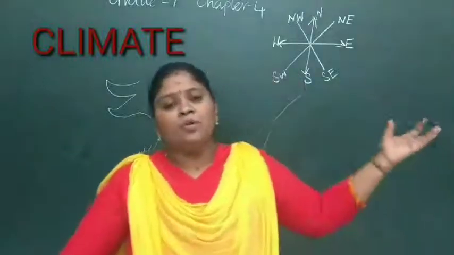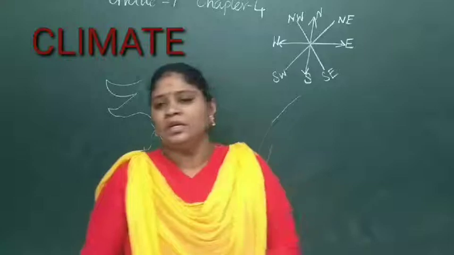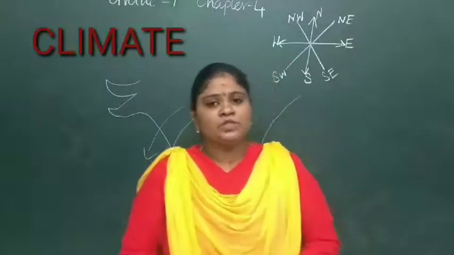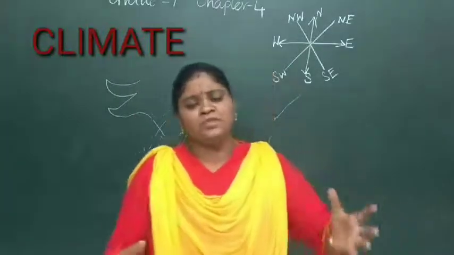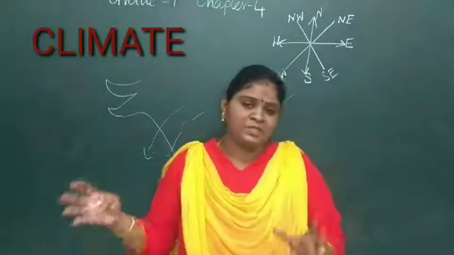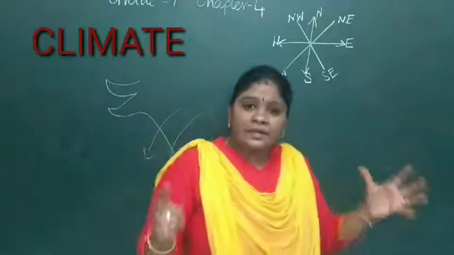So we are looking at the climatic conditions, and we have seen many other topics. Today we are going to see the seasons in India. Seasons vary every 6 months or every 3 months, and you can find the variation of the seasons. So we have divided the seasons based on their characteristics.